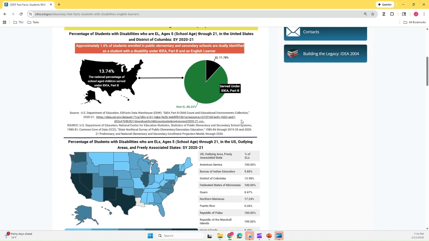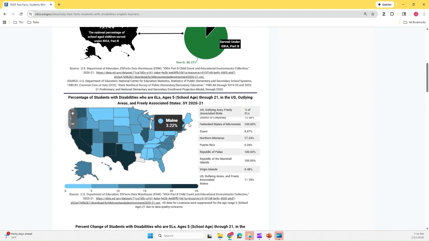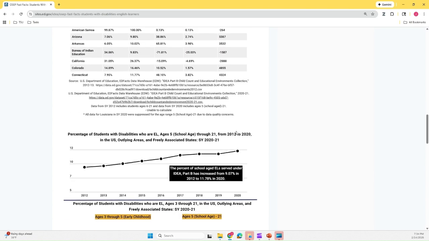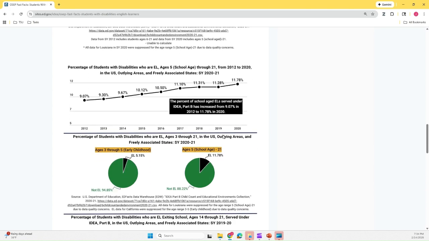And then if you scroll down, okay, let's see. Here you see that the percentage of school aged English learners served under IDEA has steadily increased over time from 9.07% in 2012 to nearly 12% in recent years, right?